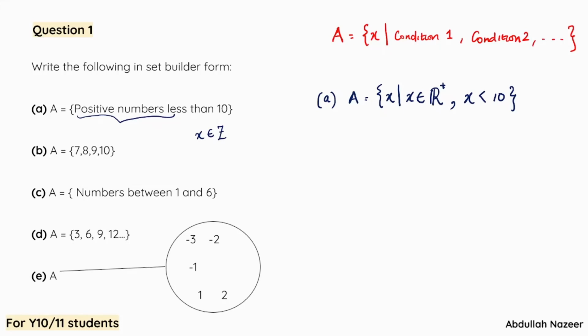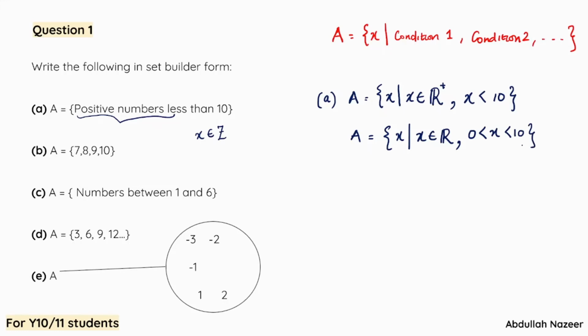However, there is also another way, which is you can say A is equal to x such that, instead of saying x belongs to positive real numbers, you can first say x belongs to real numbers, and then you can mention the positive part like this. It has to be greater than 0 and less than 10.